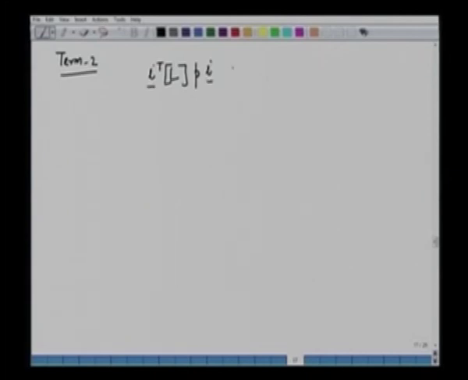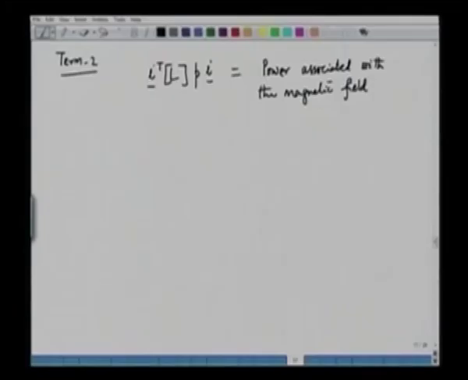Now, if you see, this would represent the power associated with the magnetic field. If you expand this, you will see that this term is the power associated with the magnetic field. So, this is also a power.